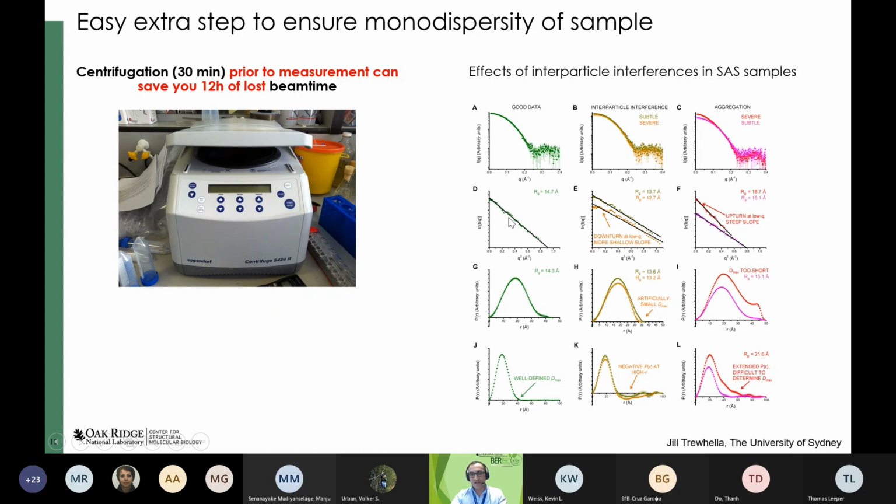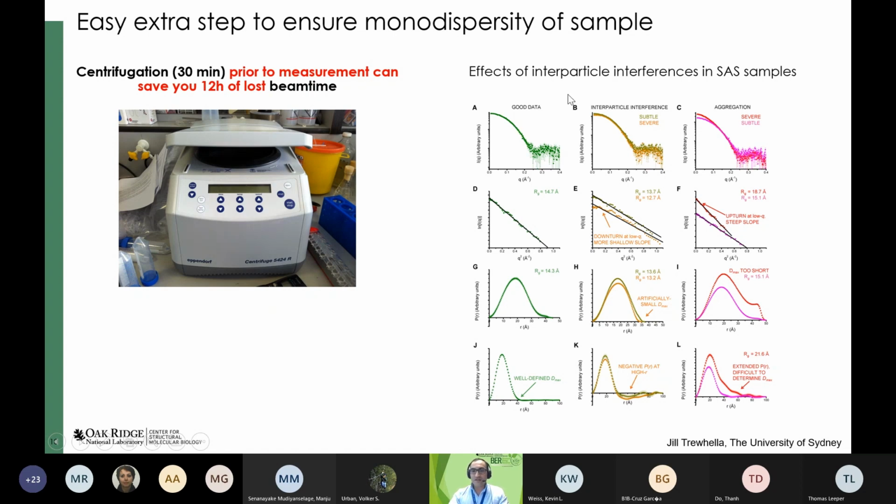The Guinier is linear across a wide Q range. So our P(r) is well behaved, and we can extend it to the maximum, and the P(r) does not oscillate in the X here. That tells us that the sample is well behaved as well.